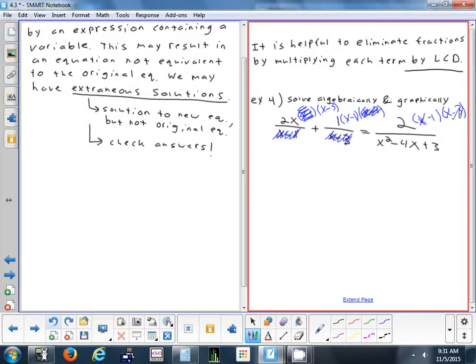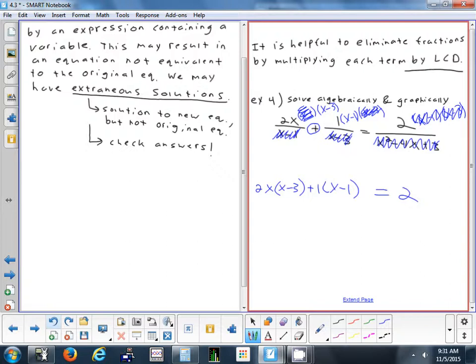Remember, when you multiply these together, you get that. So let's rewrite what we have now. We have 2x times x minus 3. We have the positive 1. If this was a negative right here, you'd be distributing a negative 1. But it's a positive 1 times x minus 1. And on the other side, it's just a 2.